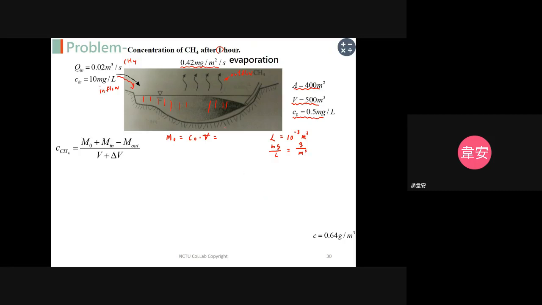So here we know the C0 is 0.5, and the unit can be changed to g divided by cubic meter, and multiply by the total volume, 500 cubic meters.